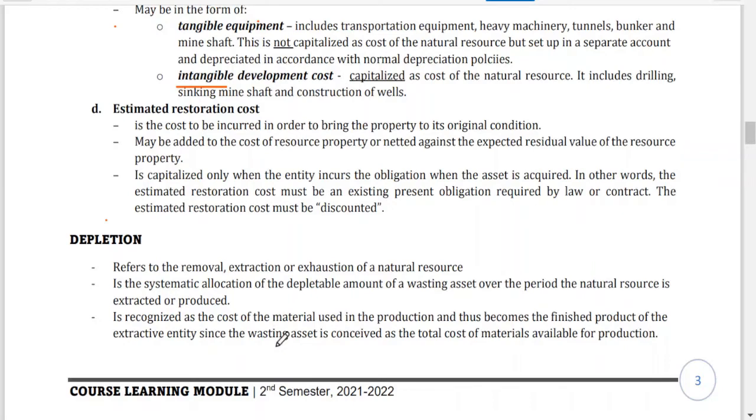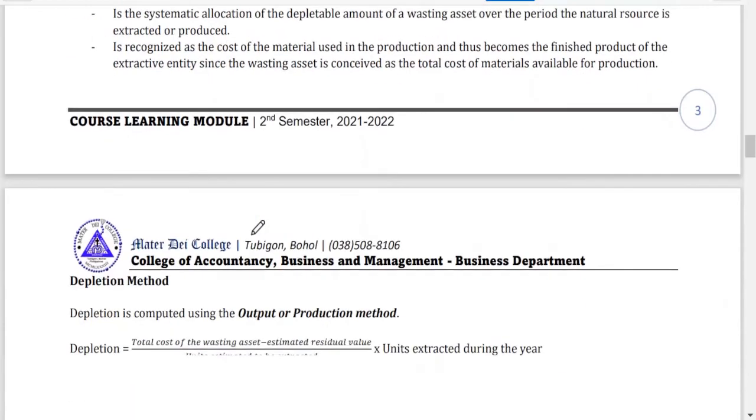It is recognized as the cost of the material used in the production and thus becomes the finished product of the extractive entity, since the wasting asset is conceived as the total cost of materials available for production. So the same treatment with depreciation, you're going to deduct the depletion against the asset to get the carrying amount of the asset.